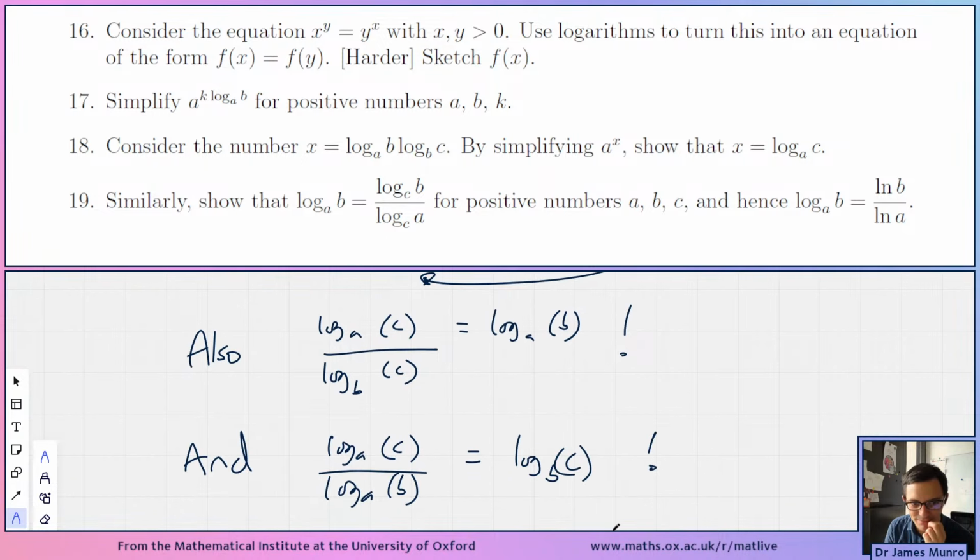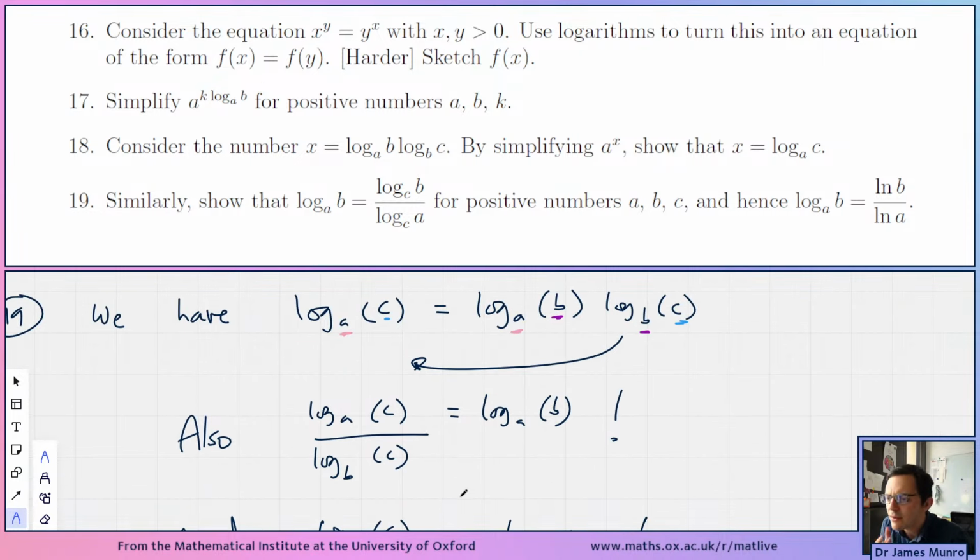Two for the price of one. Do I believe both of these? Yeah, sure, why not? Don't really believe the top one. Am I just wrong? Am I spreading misinformation about logarithms? I don't think I'm spreading misinformation about logarithms.